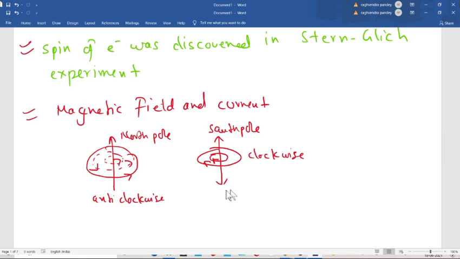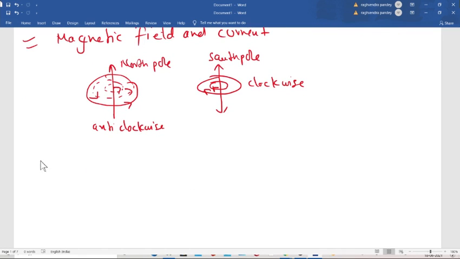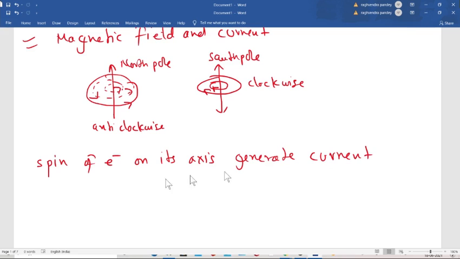So the spin of the electron on its axis generates current, because the electron is charged. Any movement of a charged particle generates current.